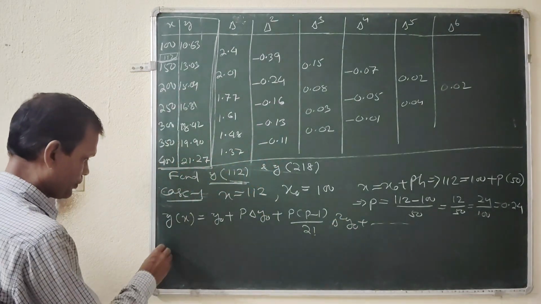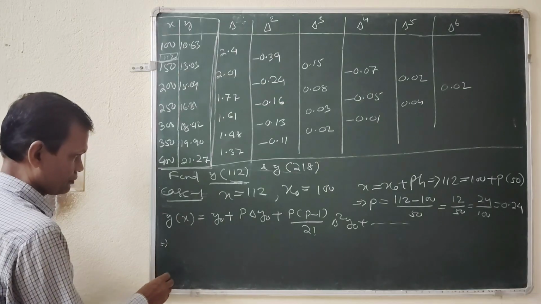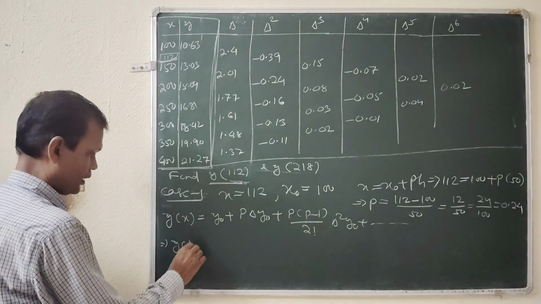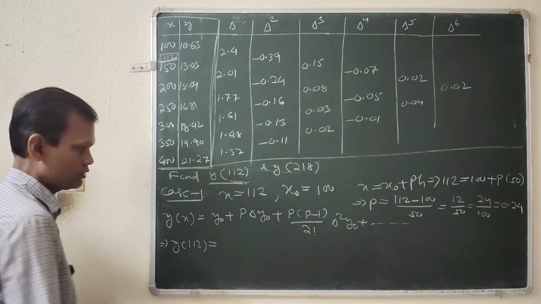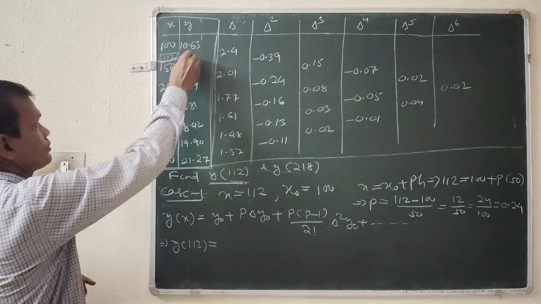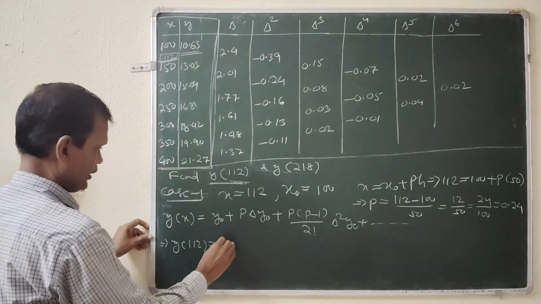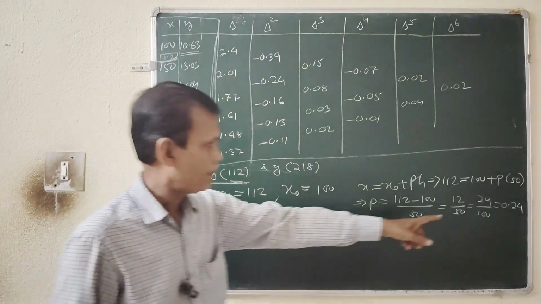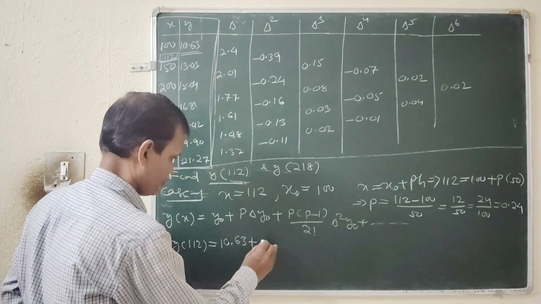For this particular problem, y of 112 is equal to, now you see how we put the values: y0 is 10.63, plus p we have found out, that is 0.24.